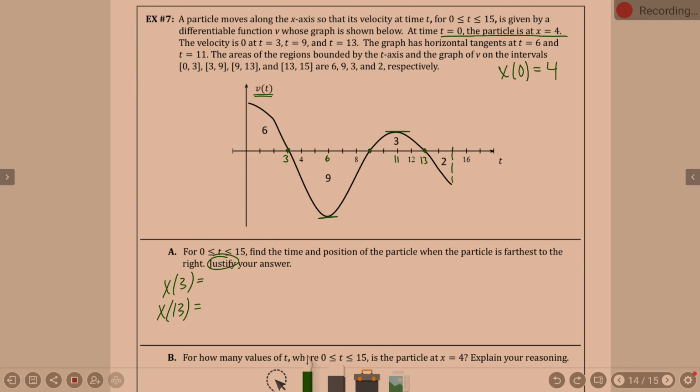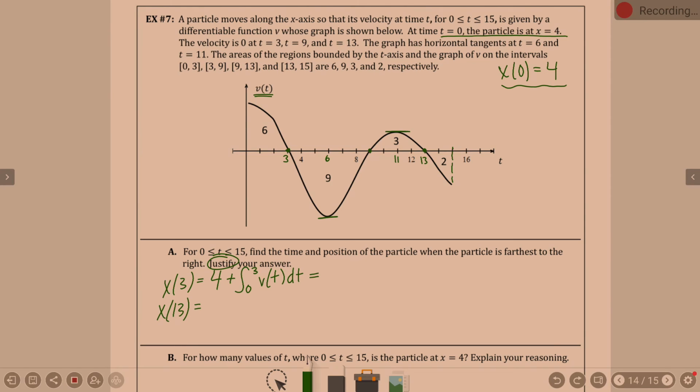Now, what do we have to take into account here? We had an initial position of 4. Mathematically, it's 4 plus the integral from 0 to 3 of v of t dt.